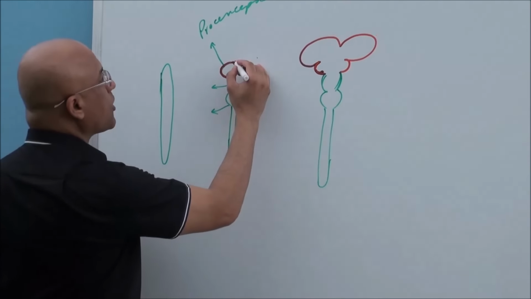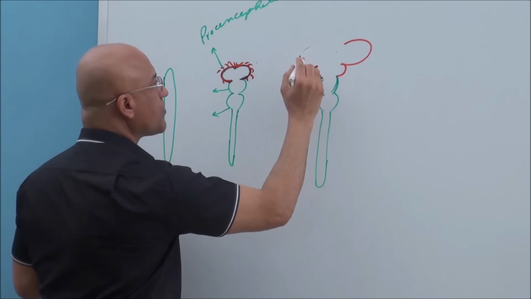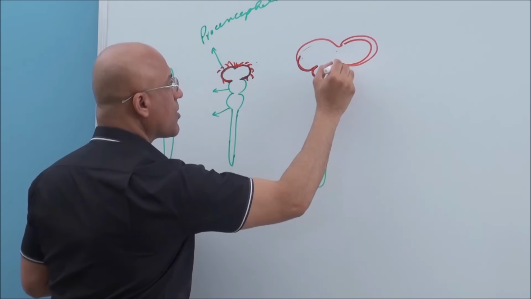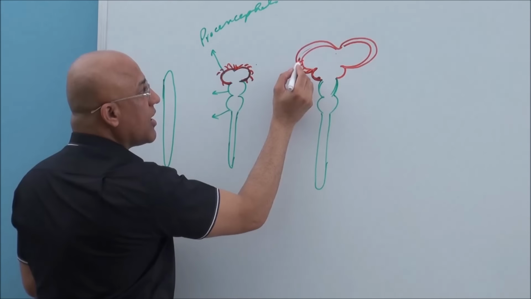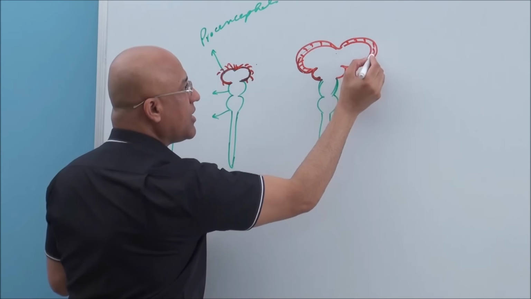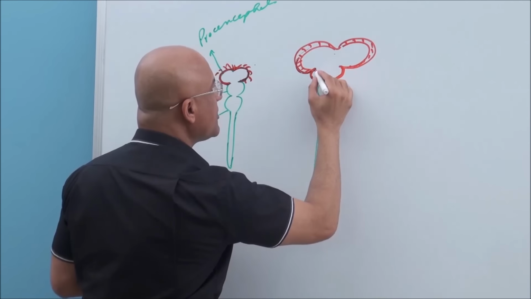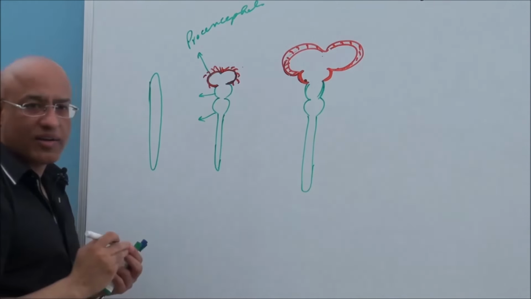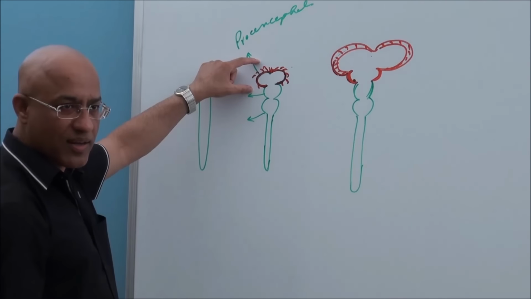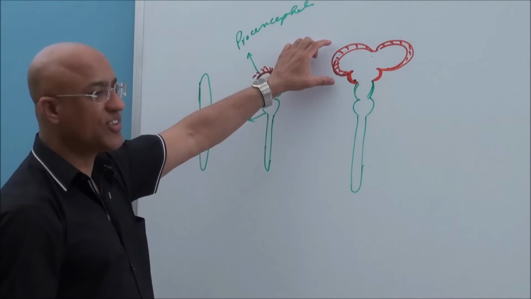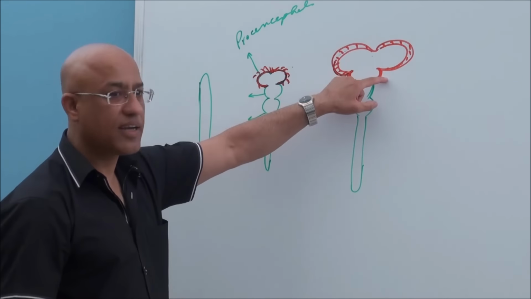This prosencephalon divided into two vesicles. This vesicle is called telencephalon, and this part of the vesicle is called diencephalon. It means the prosencephalon divides into two secondary swellings: this is telencephalon and this is diencephalon.